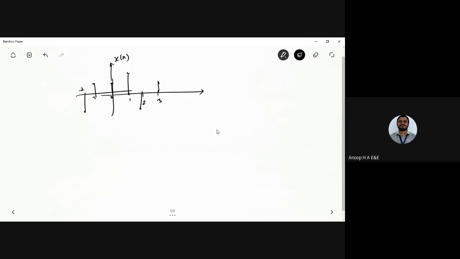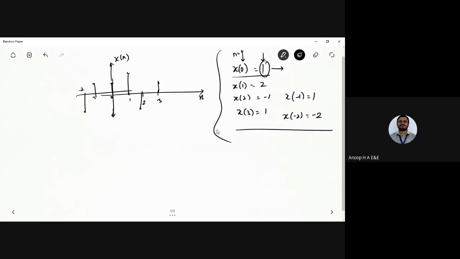So this is x of n. x of 0 is some quantity, say 1. x of 1 is 2. x of minus 1 is 1, x of minus 2 is minus 2, right? So here are the values at that instant of time. This is n equal to 0, and its magnitude is equal to 1.